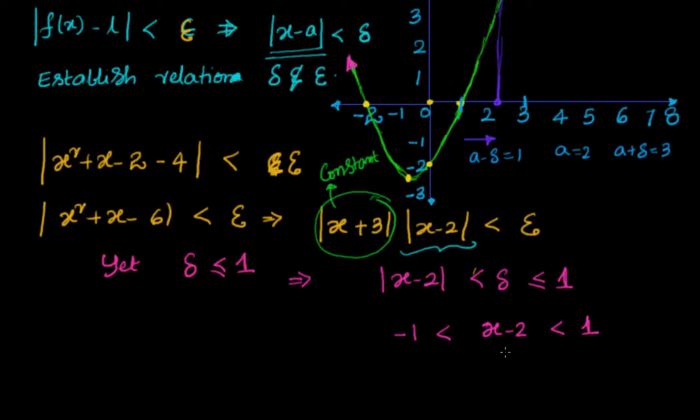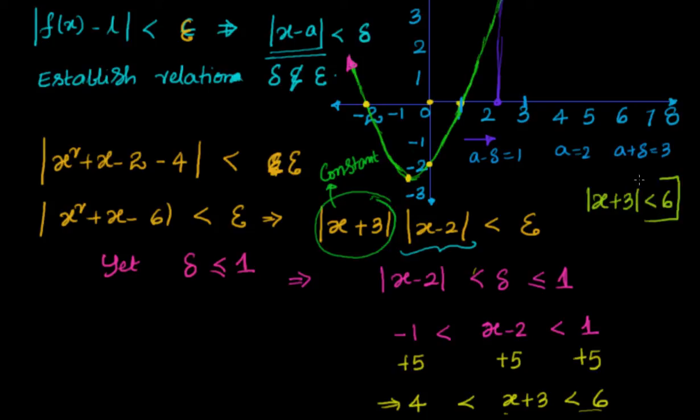How will I get it from x minus 2? I have to add plus 5. So I will add plus 5. I will get 4 less than x plus 3 less than 6. This is interesting. Now we got x plus 3 is less than 6. That means the max value x plus 3 can attain is less than 6.